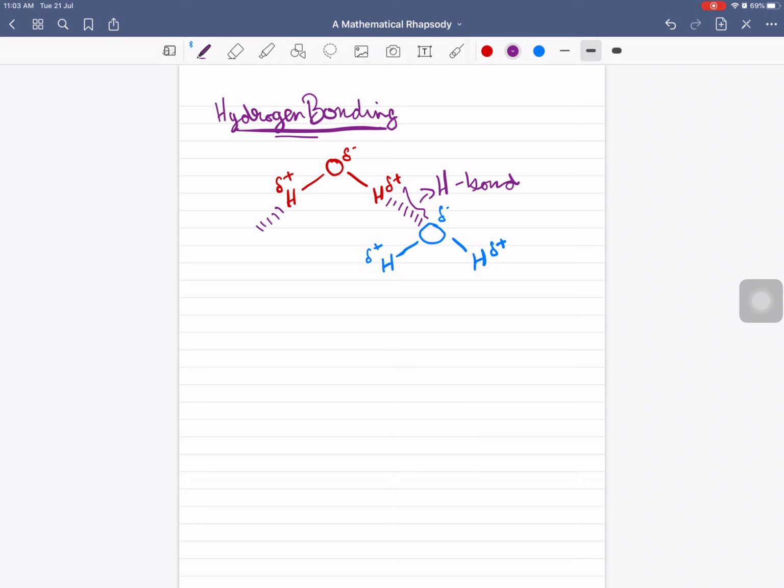Let me just draw another molecule here. Okay, this is a partial negative charge. This has hydrogen partial positive. This is hydrogen partial positive.